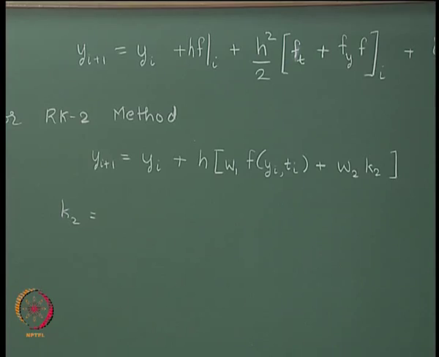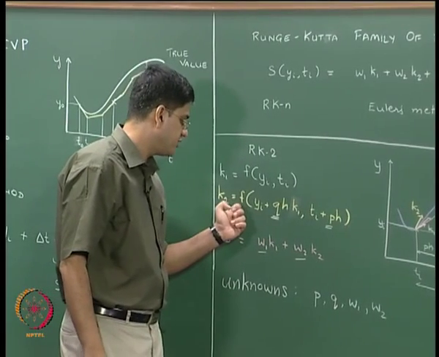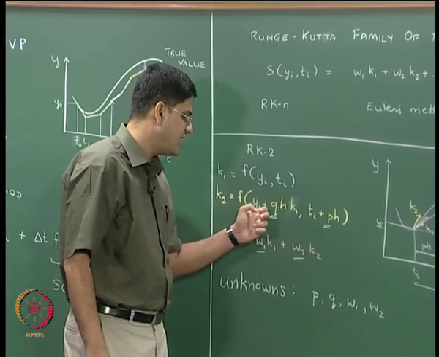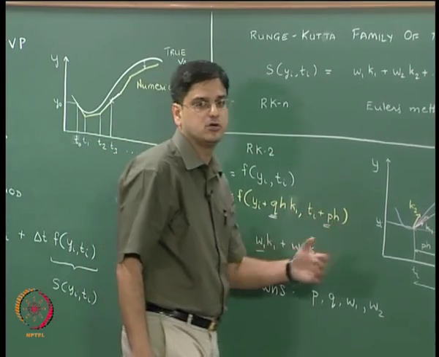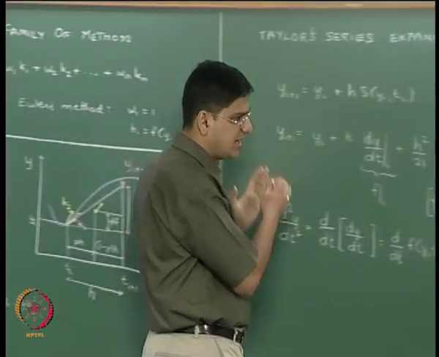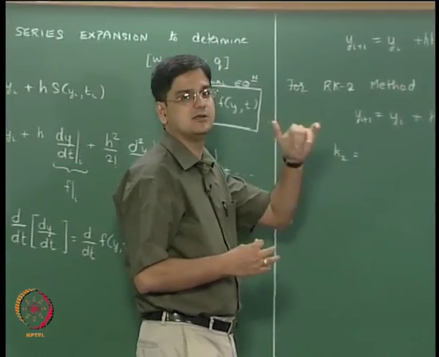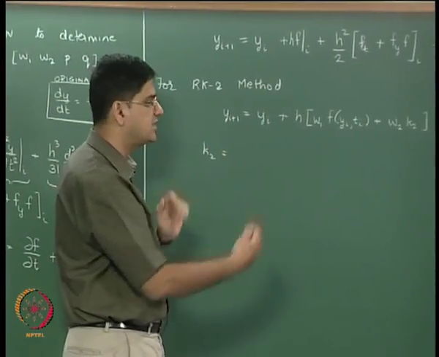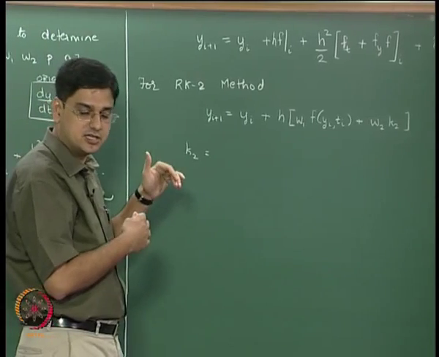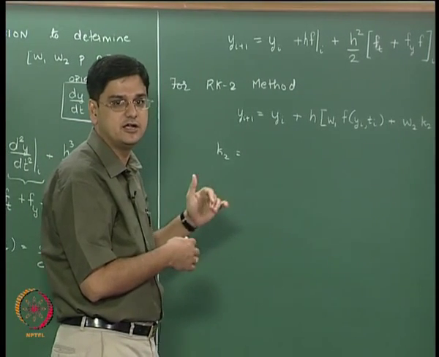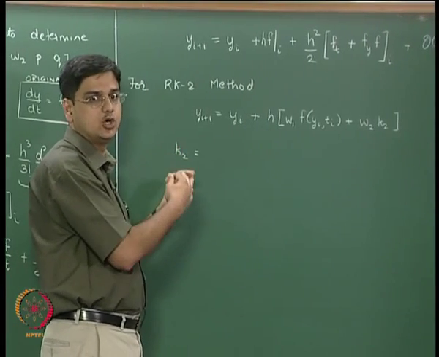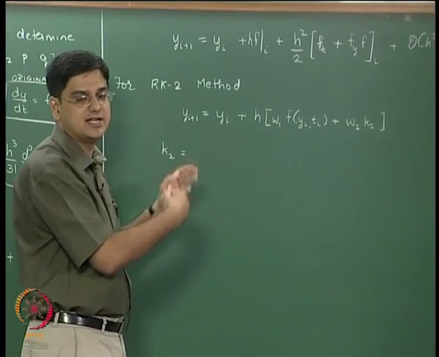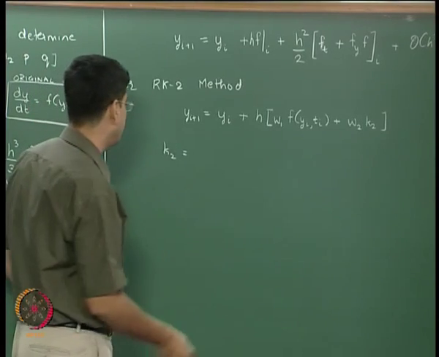Okay, we go back over here and we find that the expression for k2 is f at yi plus q h k1 comma ti plus ph. Okay, so in time we have ti plus p multiplied by the delta t, and in space, in the dependent variable y, we have yi plus q multiplied by delta y, and delta y is nothing but h multiplied by k1.